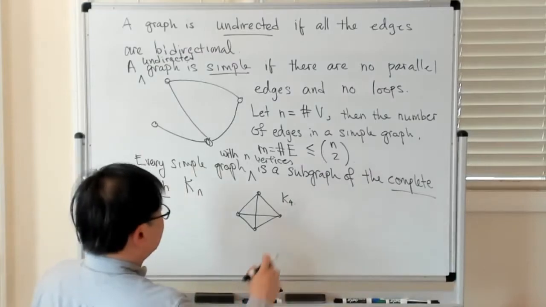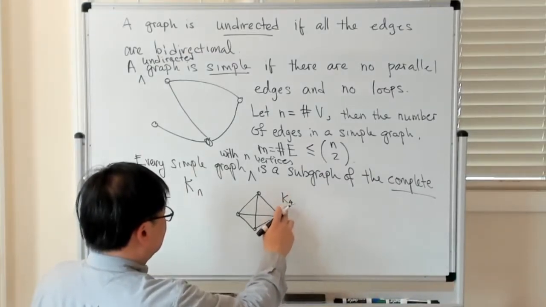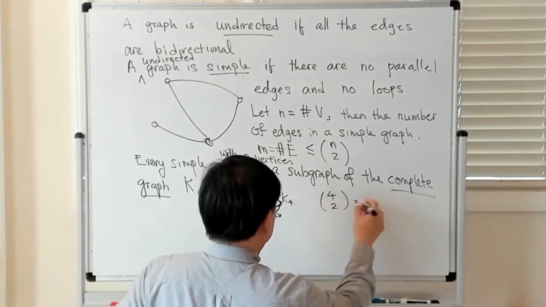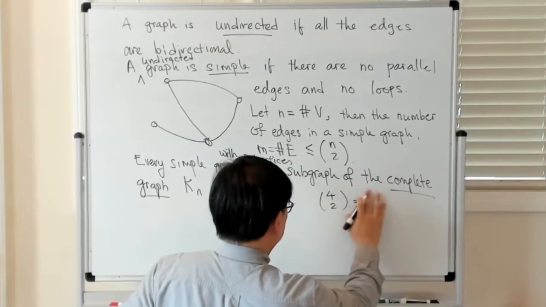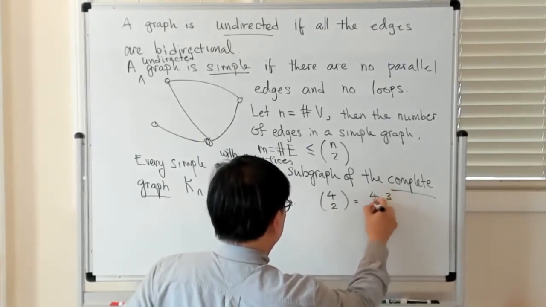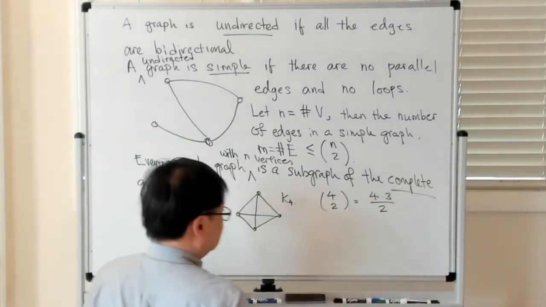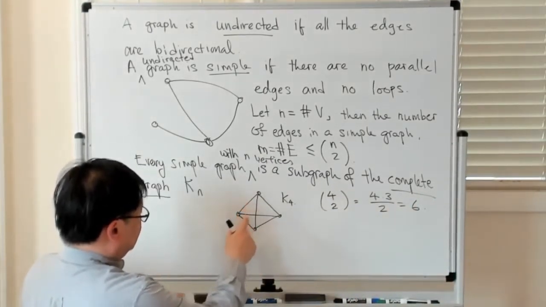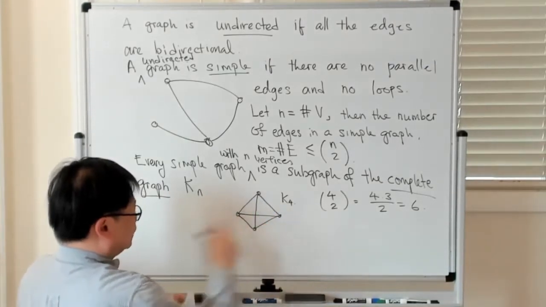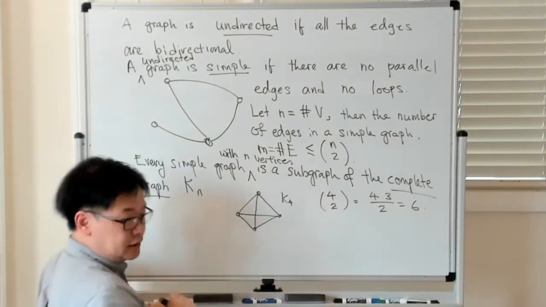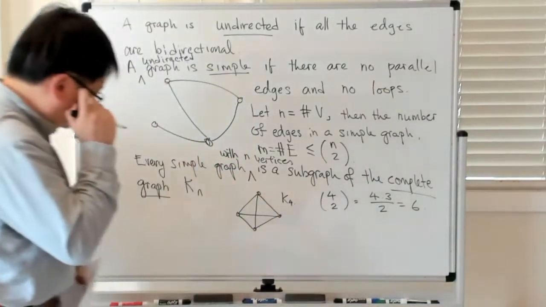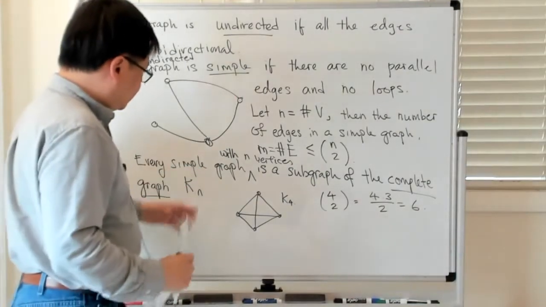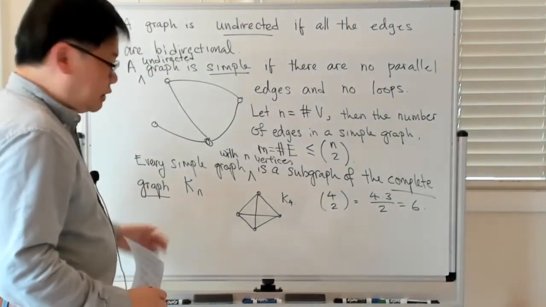You can check that 4 choose 2 is 4 times 3 divided by 2, which is 6. So that's 1, 2, 3, 4, 5, 6 edges. You can check that that is indeed the complete graph with 4 vertices.